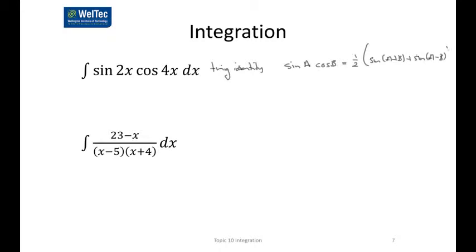And you get the idea to look at that, because look at the 2x and the 4x. You kind of have to have a feel for it.